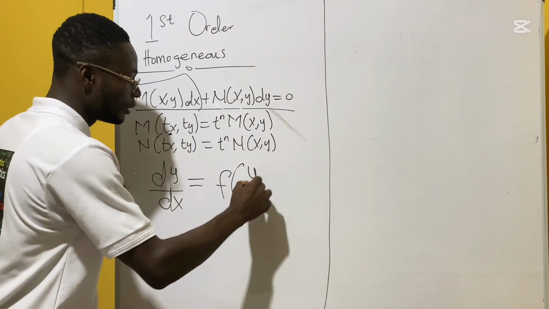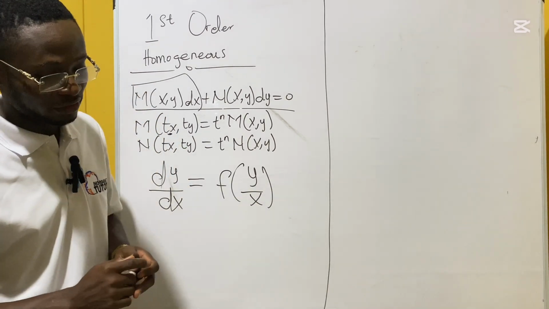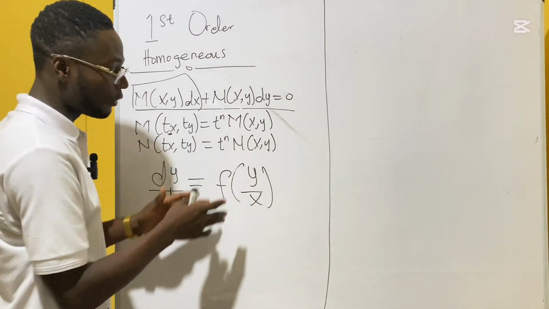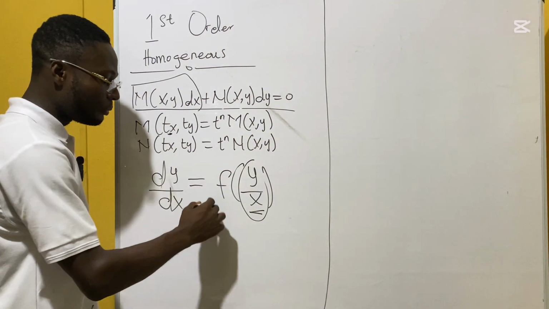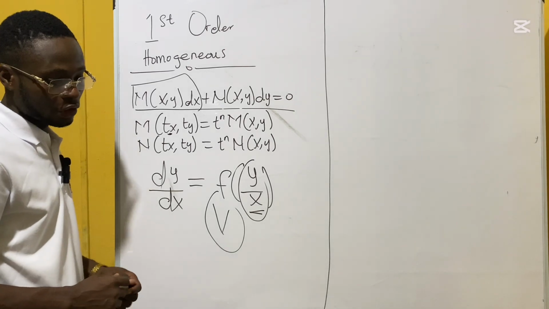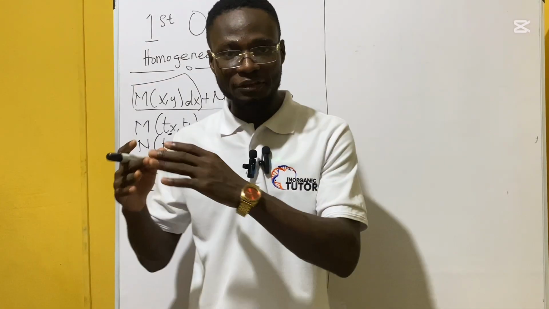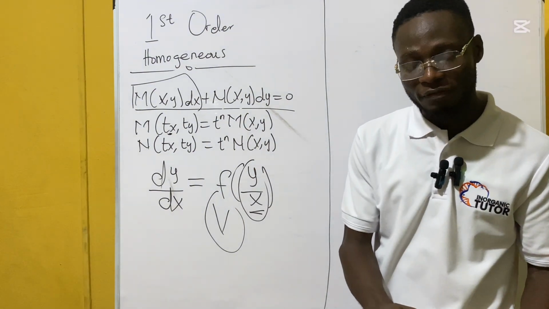That is the form of a homogeneous function, a function of y on x. This y on x here, we will represent by a variable called v. So we have to transform this function into a separable form.